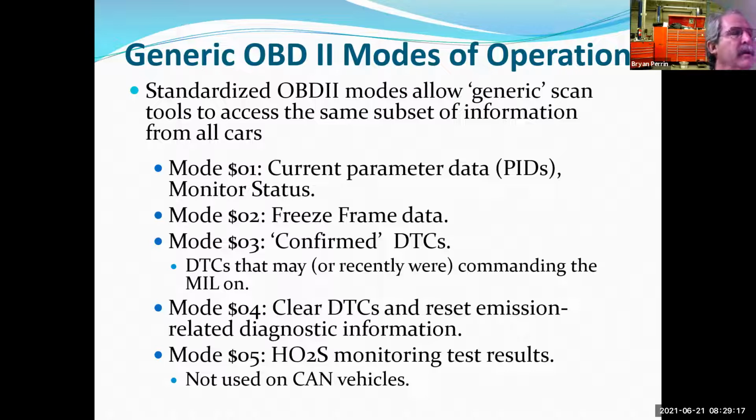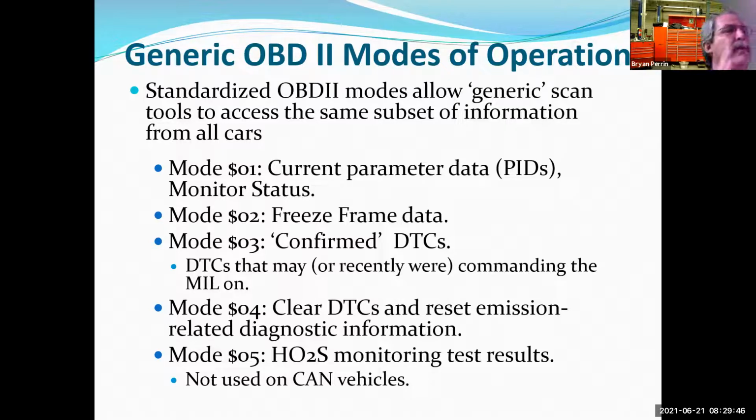Mode 3 is confirmed diagnostic trouble codes. These are diagnostic trouble codes that are, or were recently, commanding the check engine light on, or the MIL on. So in order for the MIL to be turned on in an OBD II vehicle, there has to be an emission code capable of turning the MIL on stored in mode 3.